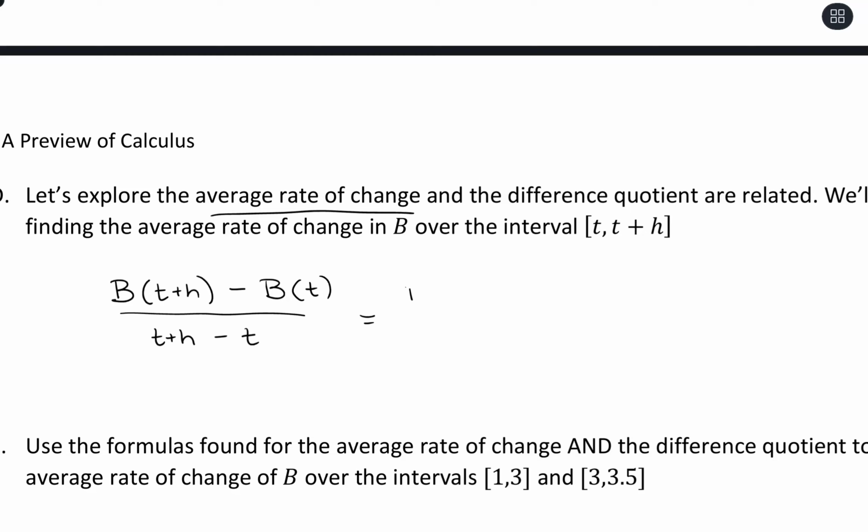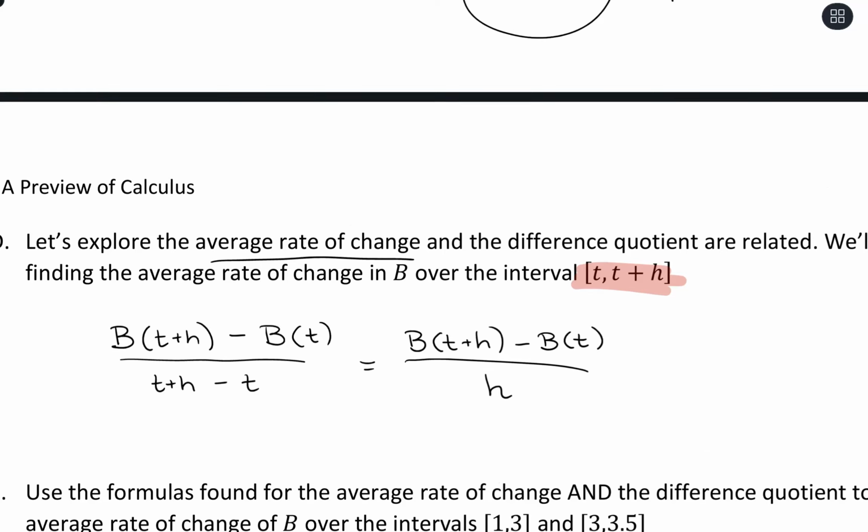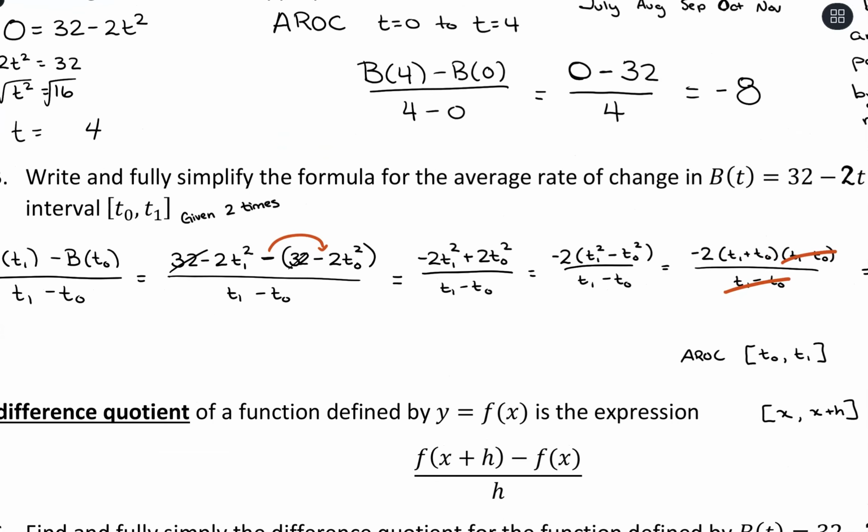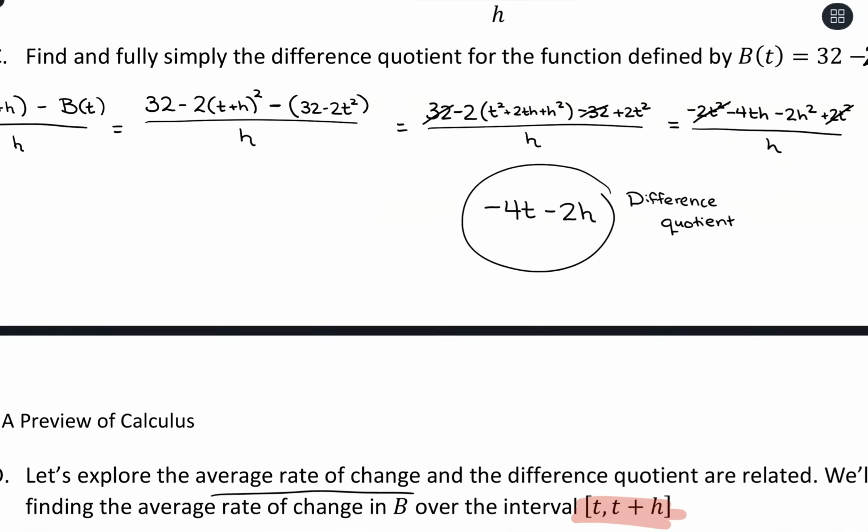We get a nice cancellation, and it turns into our difference quotient. But the main difference is being how we're setting up our interval. Are we thinking of it as a starting point and then moving from that starting point? Or are we thinking of it as a beginning point and an ending point?